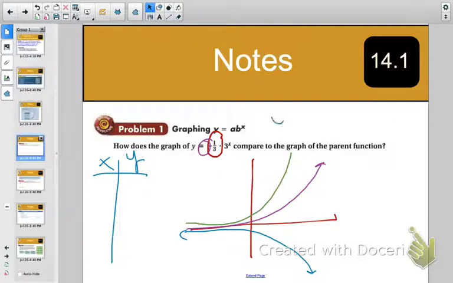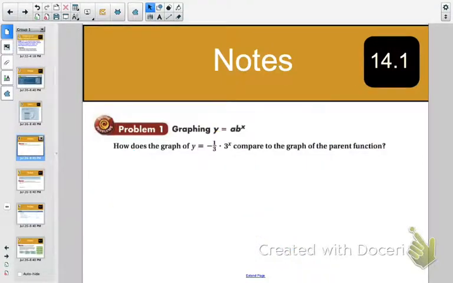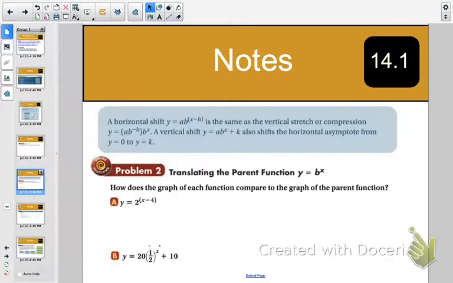If the function looked like this, y equals 1/3 times 3 to the negative x, because the negative is up with the x, that would be a horizontal reflection over the y-axis. So whenever there's a negative, if it's with the x, it's a horizontal reflection over the y-axis. If it is in front, then it is over the x-axis, and it's vertical.